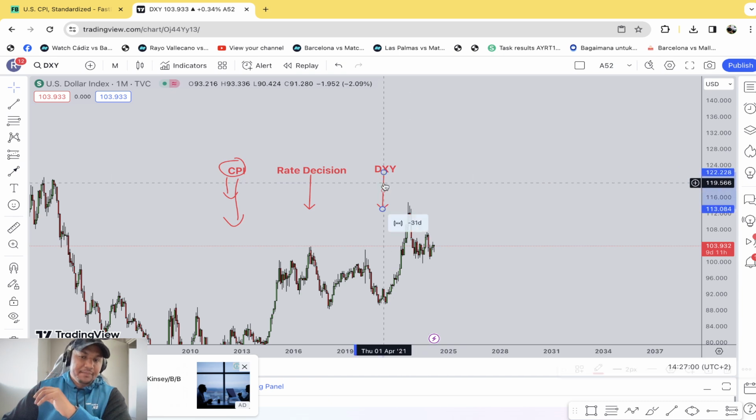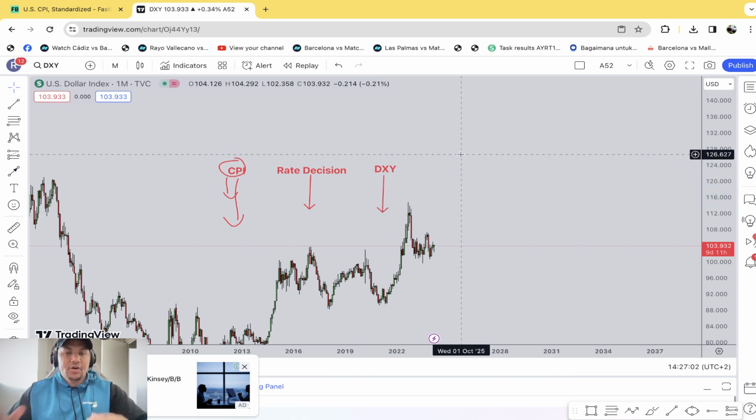Now, why does that happen? It's very simple. When inflation is high and the Fed's only tool to bring down inflation is to hike interest rates, that strengthens the dollar index. Why? Because a higher interest rate attracts international investors to invest into the dollar because they're going to get a higher return.